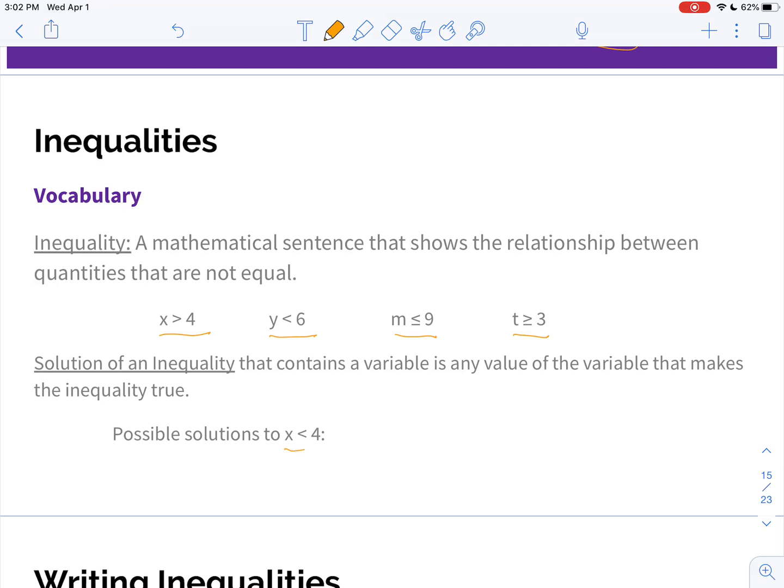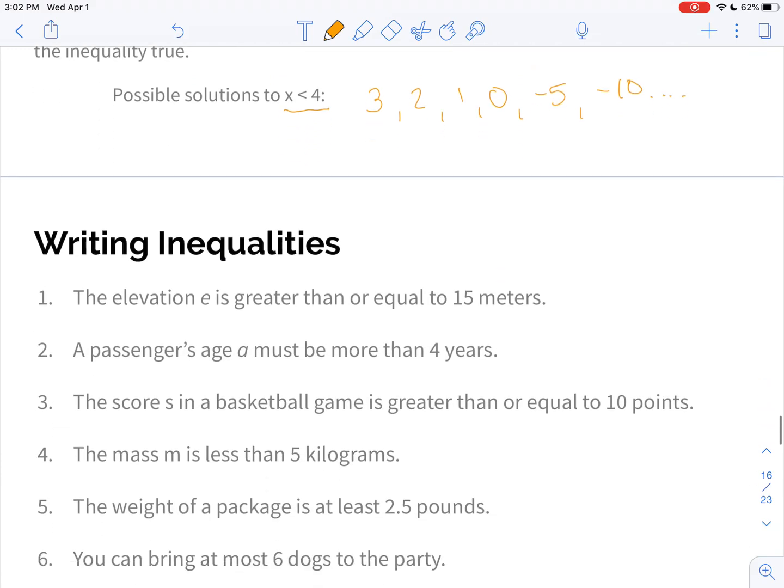If I give you the inequality x is less than 4, it has many solutions. Some examples of solutions could be 3, because 3 is less than 4, or 2, 1, 0, -5, -10, and I can actually go on forever and ever listing numbers that are solutions to that inequality.